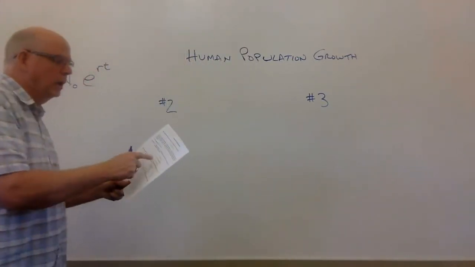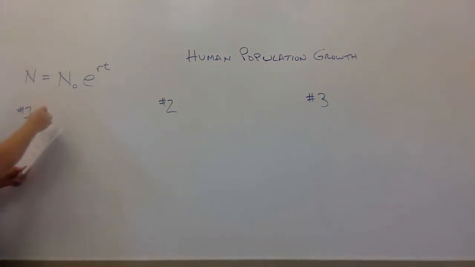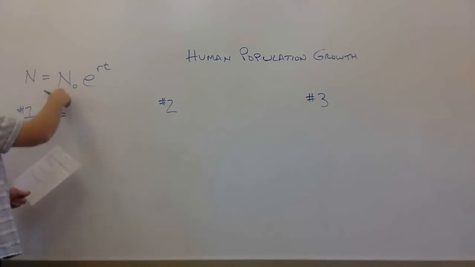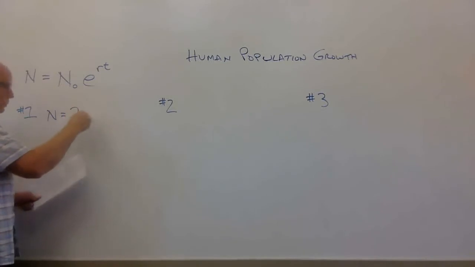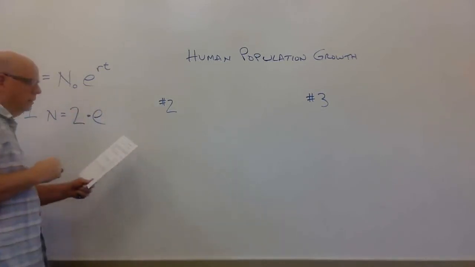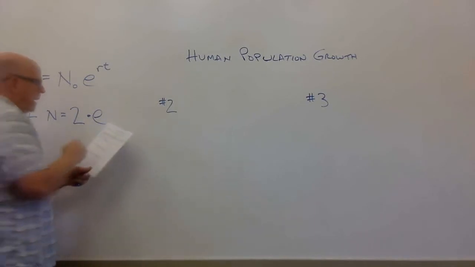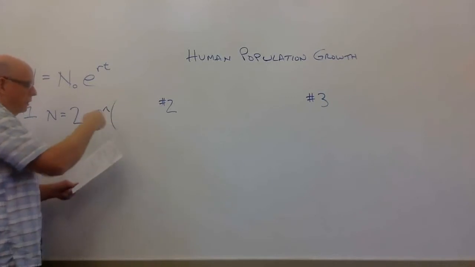And so on your paper, I've already done this one on your paper, but we're going to do it here anyway. And so here's our formula. And so n is what we're trying to calculate. 2, because the original population was 2 people. Okay, so 2 times e, and again, that's going to be in our calculator. And then that's going to be raised to this number in our calculator.